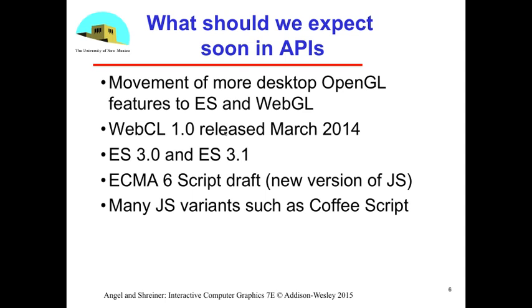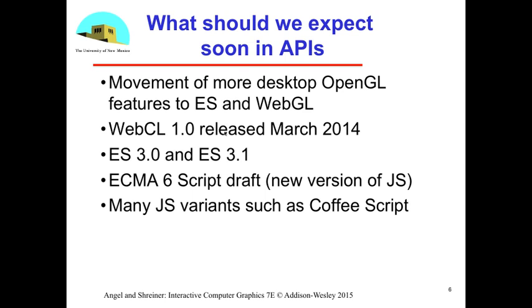Now on the JavaScript end, there's a whole bunch of variants of JavaScript that allow you to write much cleaner, much shorter code. A number of my colleagues use CoffeeScript. They like that. But one of the things that we've been seeing lately is that ECMAScript, which is the official name of JavaScript, has a draft of version 6. You're using version 5 in this class.